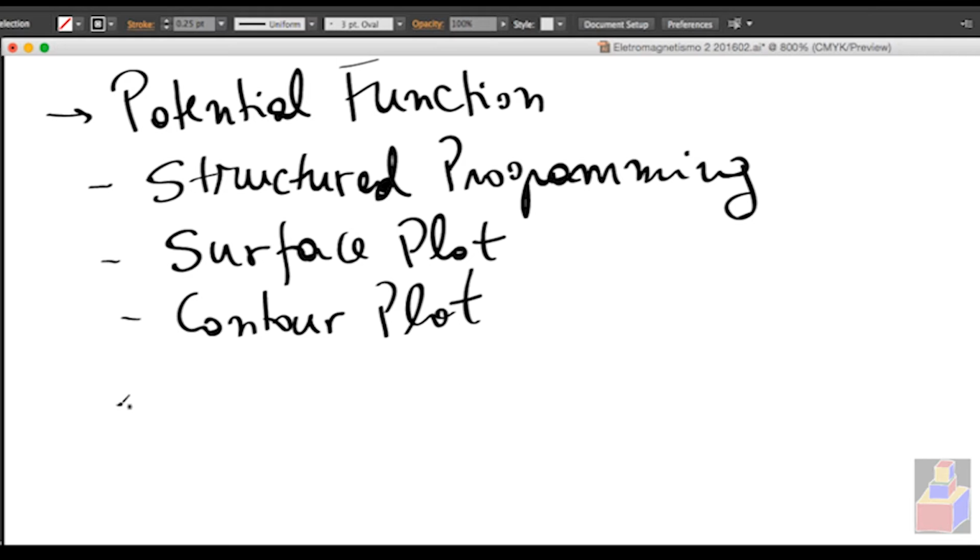So potential function is very important, not only in static problems, but also in dynamic problems. They are always the intermediate function between the original problem and the final function you want to determine. Okay? So it's an intermediate step. In electrostatics, the potential function is this intermediate step.